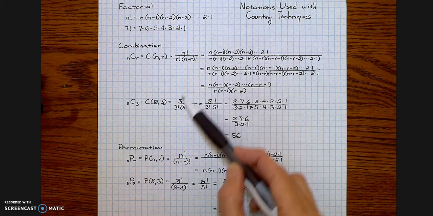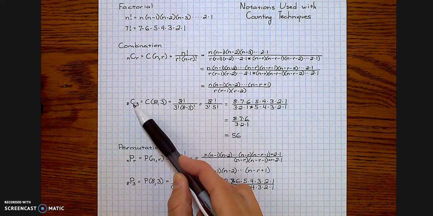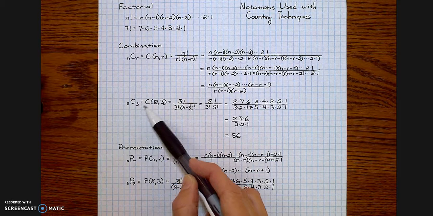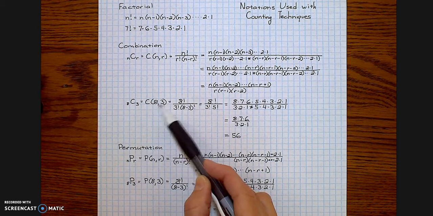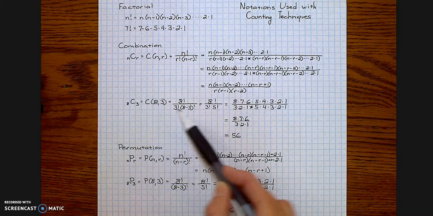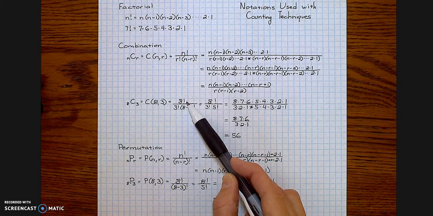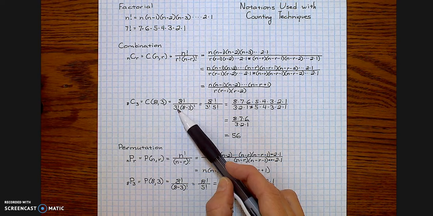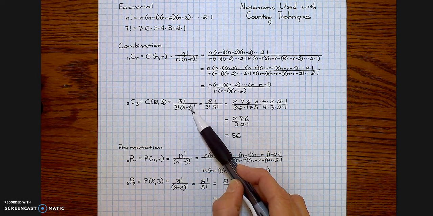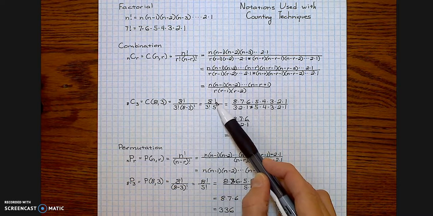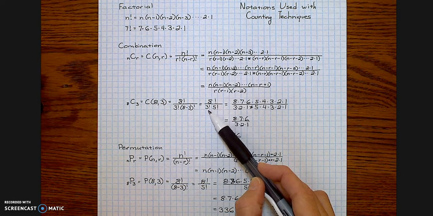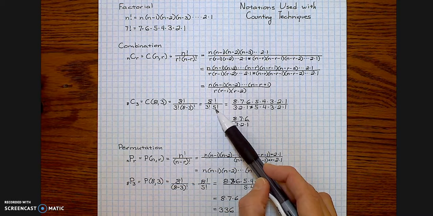Let's come down to the example at this point. The combination of 8 things taken 3 at a time. That can also be written as capital C, parenthesis, 8, comma 3. In the formula, it's 8 factorial over 3 factorial multiplied with 8 minus 3 factorial. Now that also simplifies to 8 factorial over 3 factorial, 5 factorial.